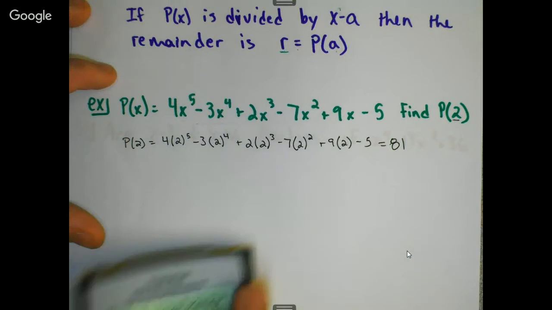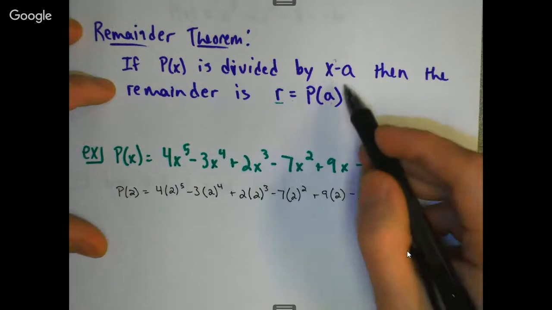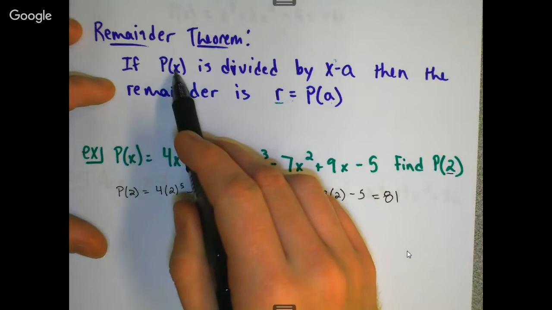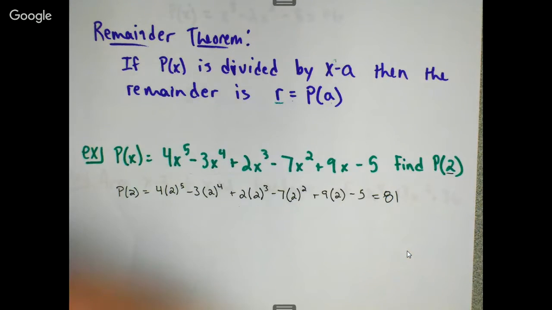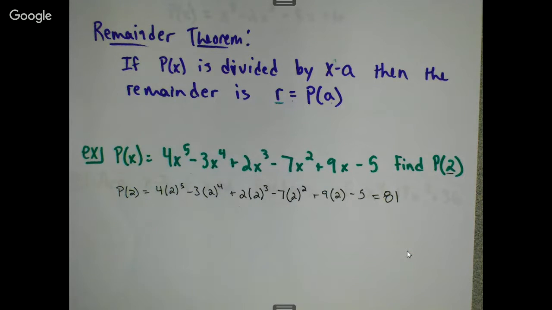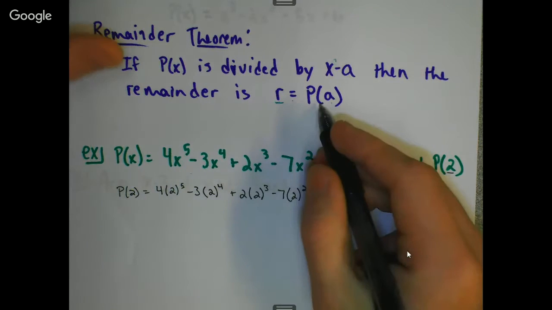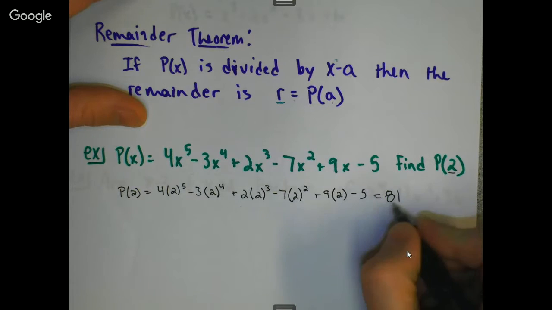But the remainder theorem says if I take my polynomial and divide it by x minus a, then my remainder is the same thing as p of a. So this should be my remainder.